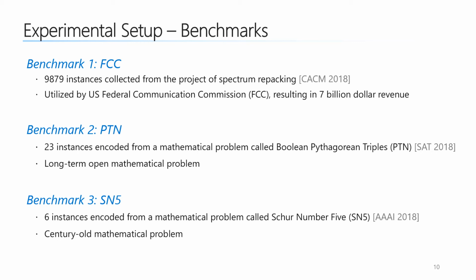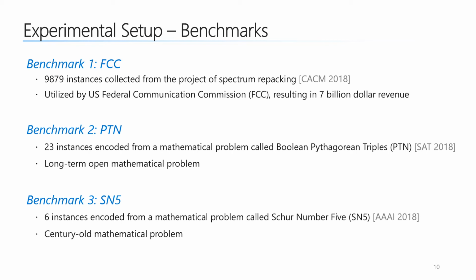In order to evaluate the effectiveness of CnC, we adopt 3 benchmarks. The first benchmark is FCC, which contains nearly 10,000 instances collected from the project of spectrum repacking. The project was conducted by the US Federal Communications Commission, resulting in $7 billion revenue.